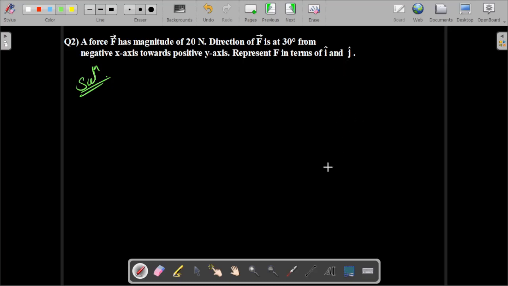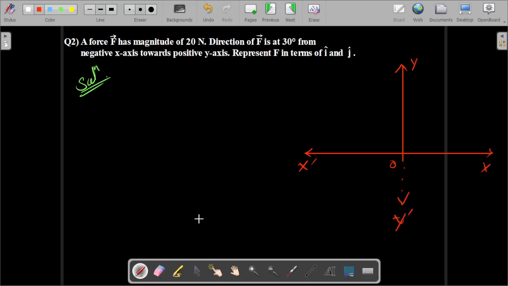That means this is a two-dimensional frame, in a two-dimensional plane. So this is the negative x-axis, this is the positive x-axis, and this is the positive y-axis.